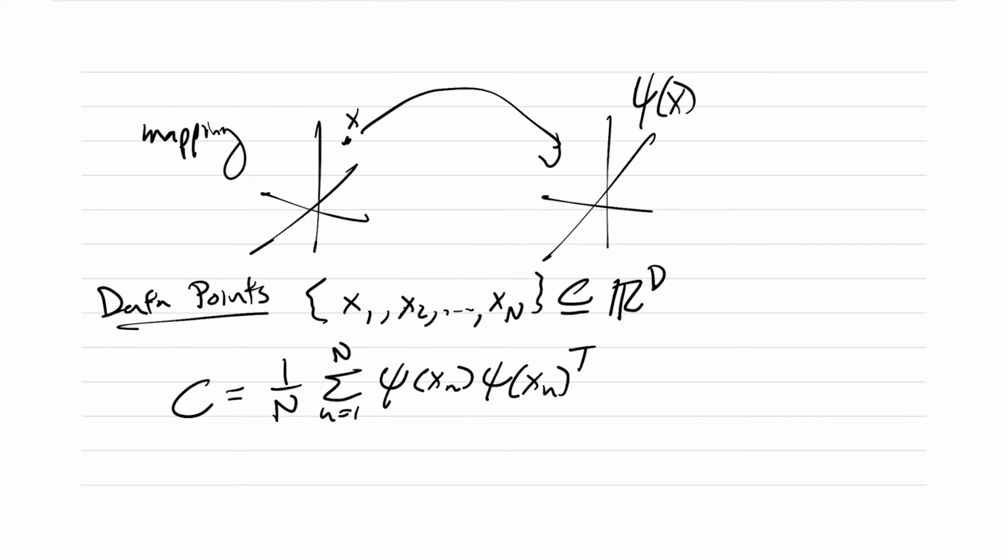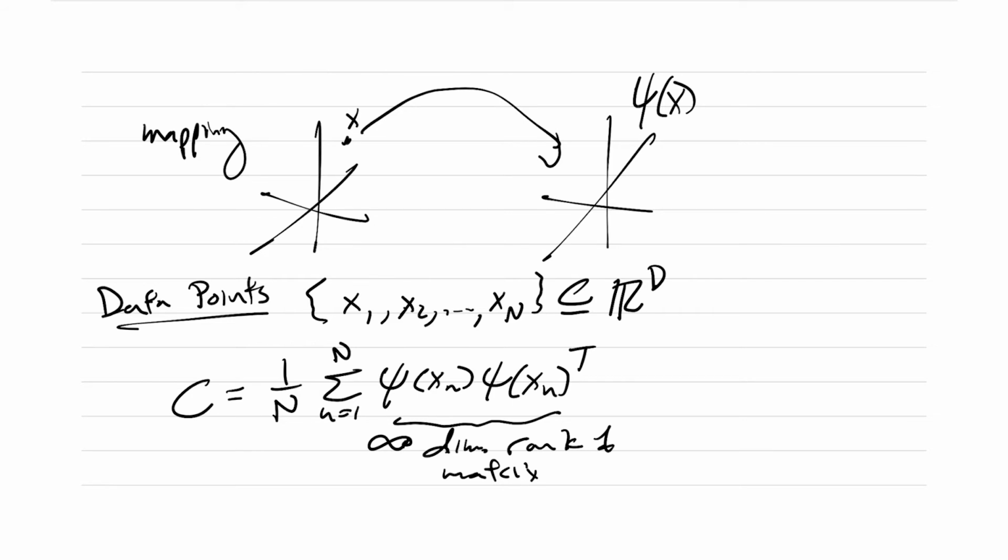So remember, this is going to be a column vector times a row vector when we transpose it, and so this ends up giving us a rank 1 matrix that is infinite dimensional. So it's an infinite dimensional rank 1 matrix.